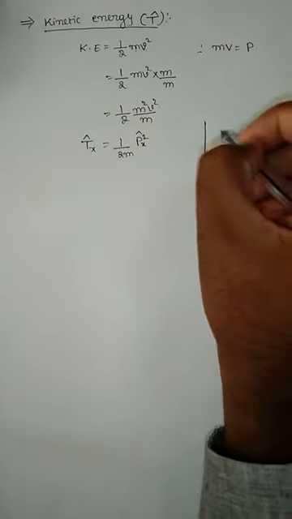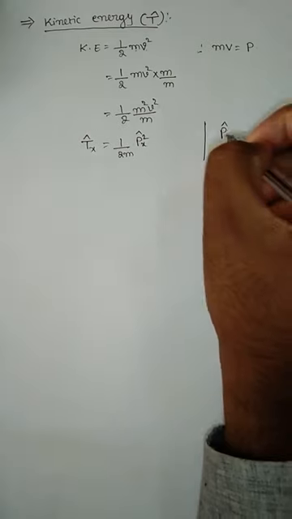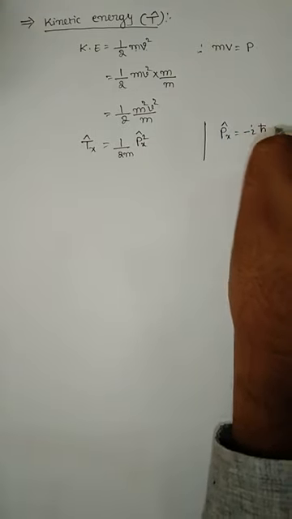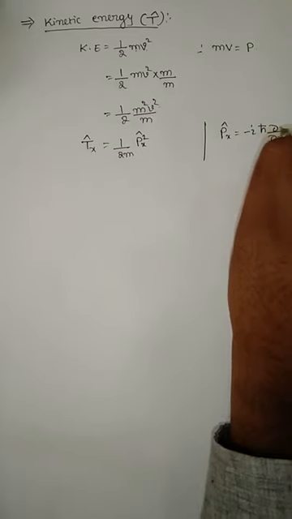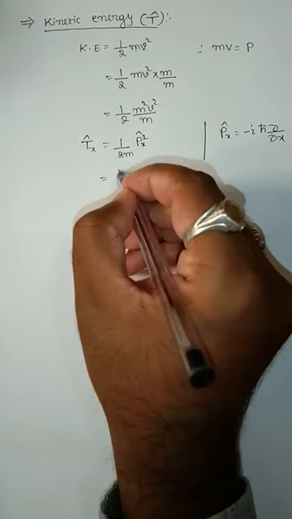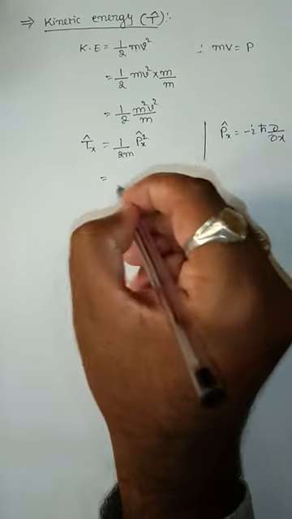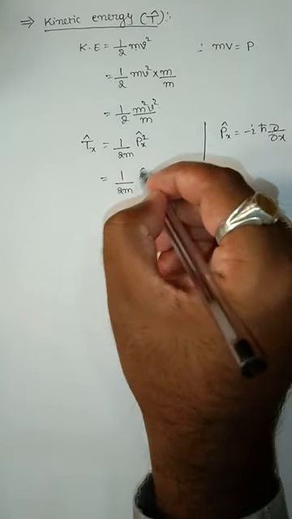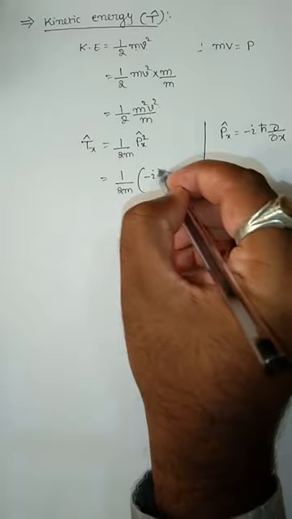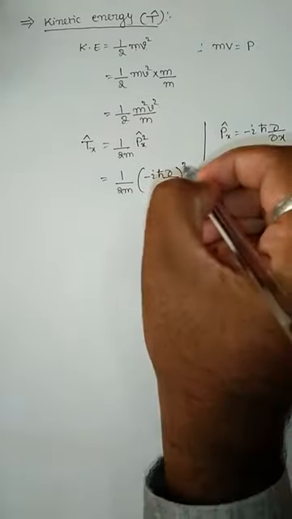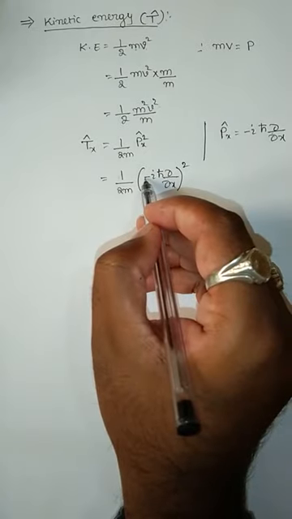And we have the value for px cap, that is minus i h cross into dou by dou x. So here we have px cap square: 1 by 2m into minus i h cross into dou by dou x whole square. So here we have the minus.